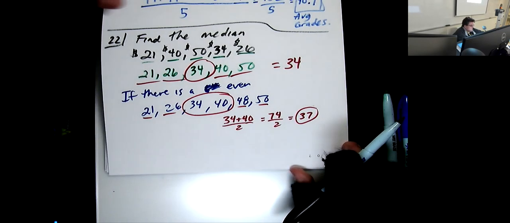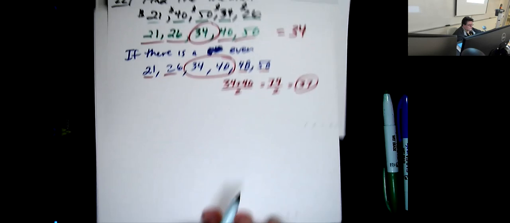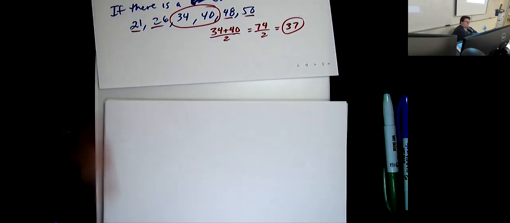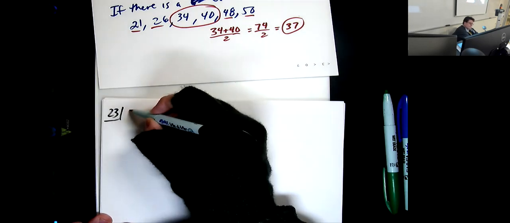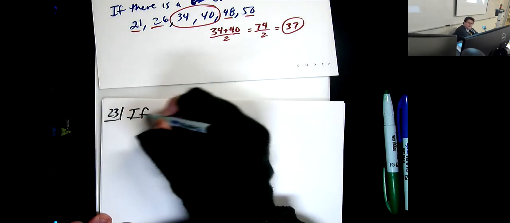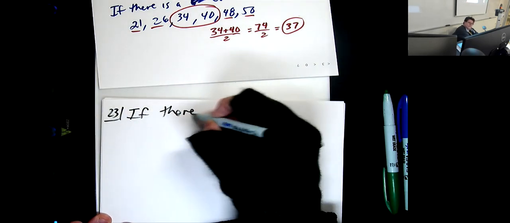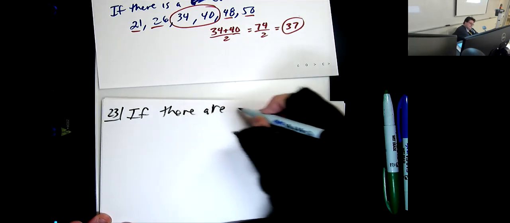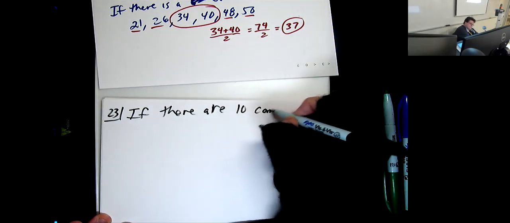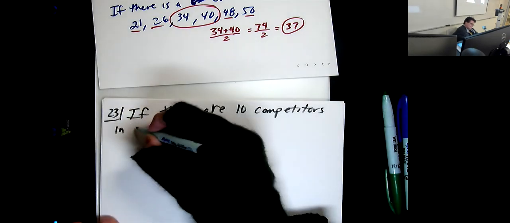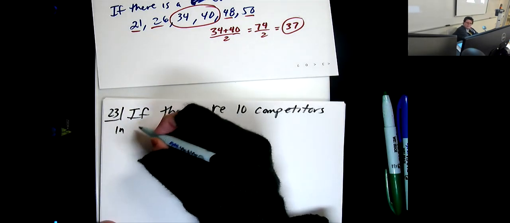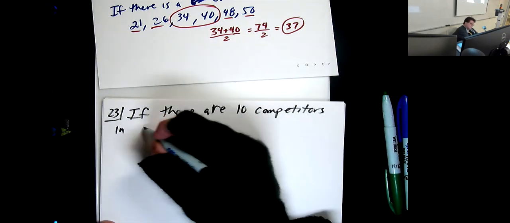So the next one is an example from the trifecta in horse racing. Because I wanted to teach you a little bit about gambling without going into it. If there are 10 competitors in a contest, normally a horse race is like 12, I think.